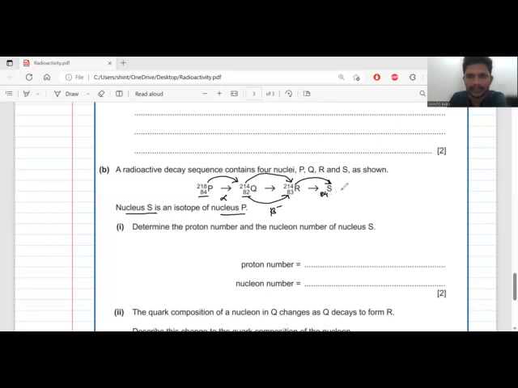They have not mentioned it. Mass number has to be 214 itself. So proton number, you already know it is 84, and nucleon number or mass number, you have 214. Be very careful here. Sometimes they can ask you about the number of neutrons.